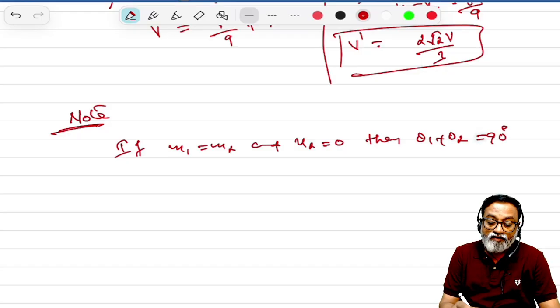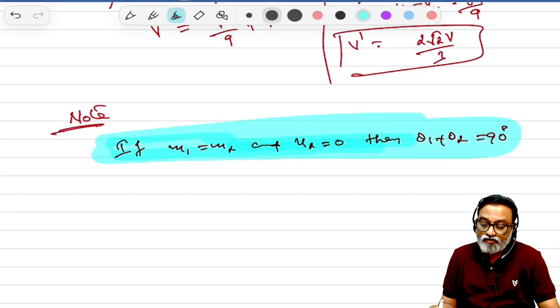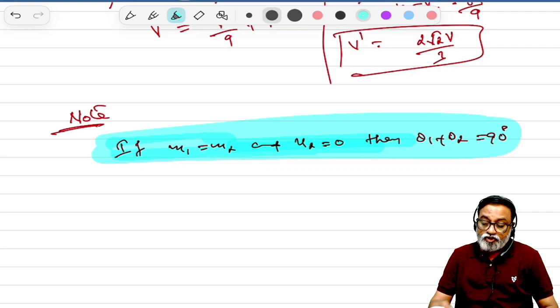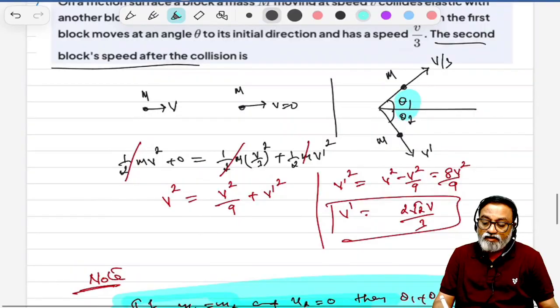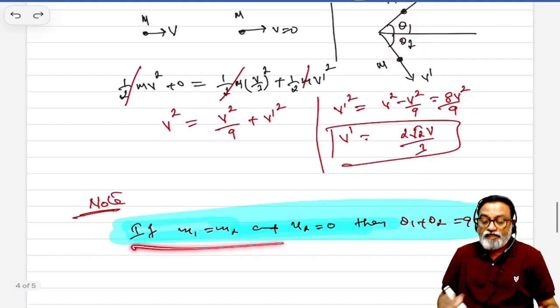So very, very important. If you want to find the direction, if one angle is given, we can find the other angle.